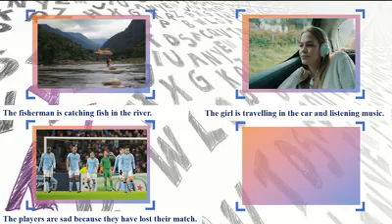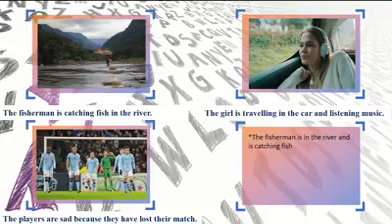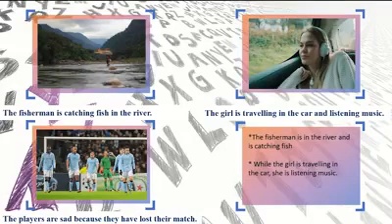We can describe these three pictures in a different way. In the case of the first picture, we can say the fisherman is in the river and is catching fish. And in the case of the second picture, we can say while the girl is traveling in the car, she is listening to music.